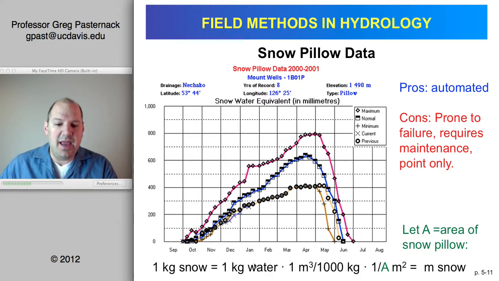So we multiply that by the density of water, 1 cubic meter per 1,000 kilograms, and then you have to divide that by the area of the snow pillow in square meters. And so you're crossing out kilograms here, and you have cubic meters of snow water equivalent per unit area. And so that ends up with a meter of snow water equivalent.